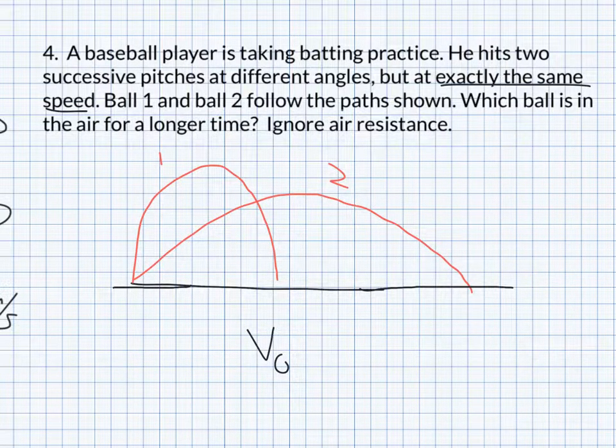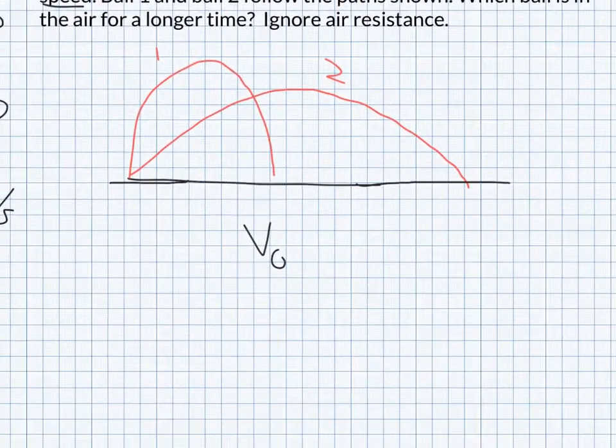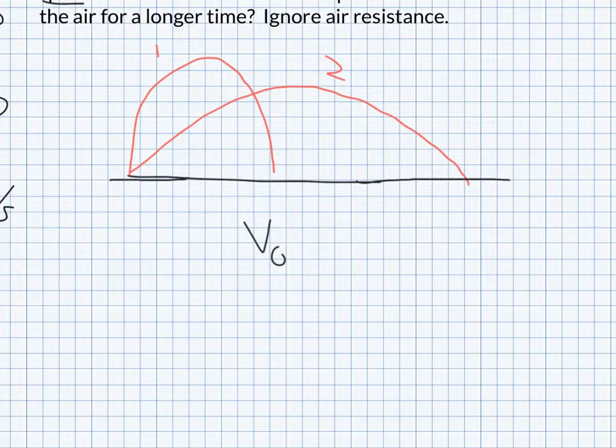Well, let's apply some logic here. The vertical and the horizontal components of an object's motion do not interfere with each other. That's always true of any two-dimensional motion.